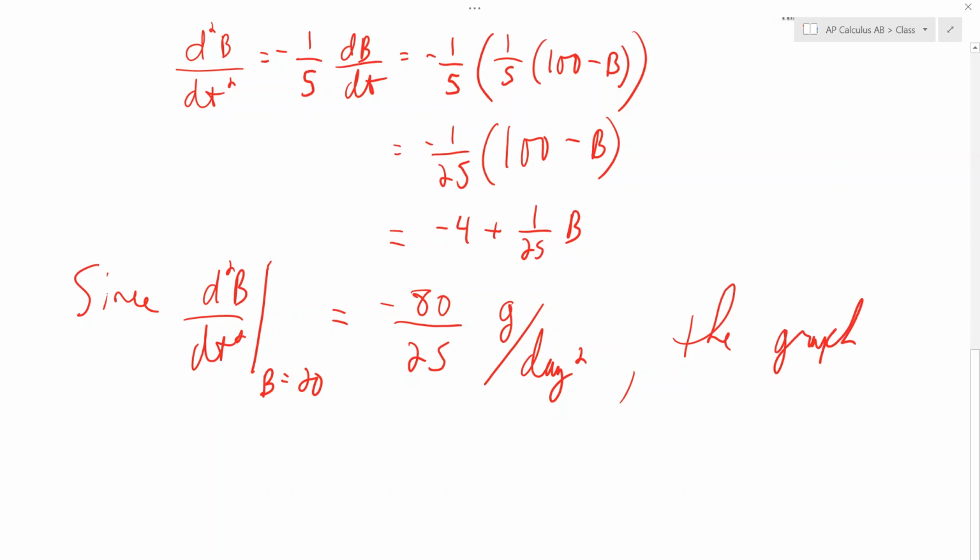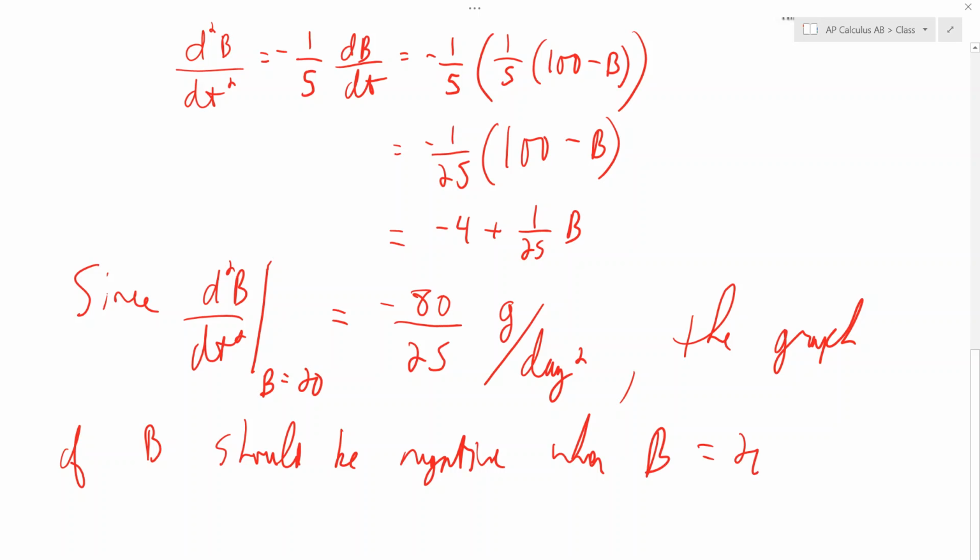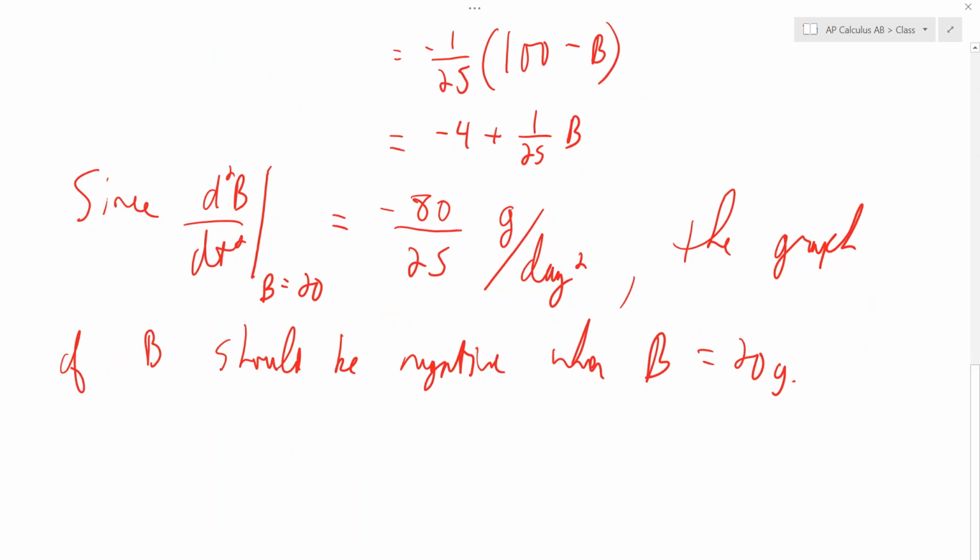The graph of B should be negative when B equals 20 grams. So, concave down when B equals 20 grams. Sound good? But the graph that they gave us is not concave down when B is 20 grams.